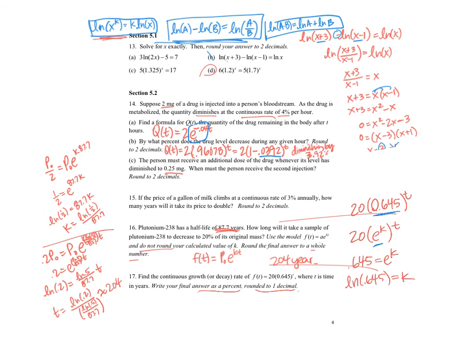Okay, so if I take natural log of 0.645, I get k is equal to negative 0.4385, so the decay rate is 43.9%.